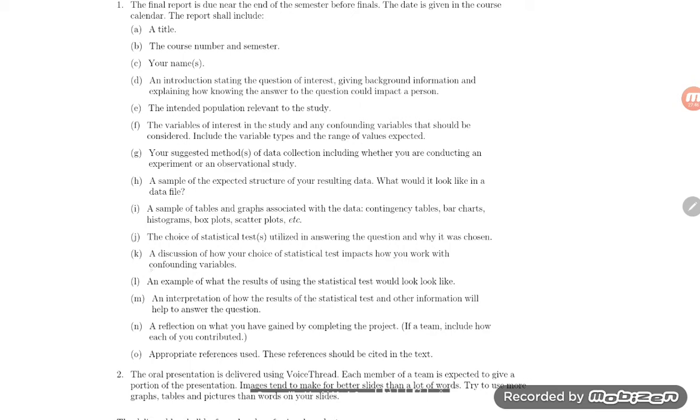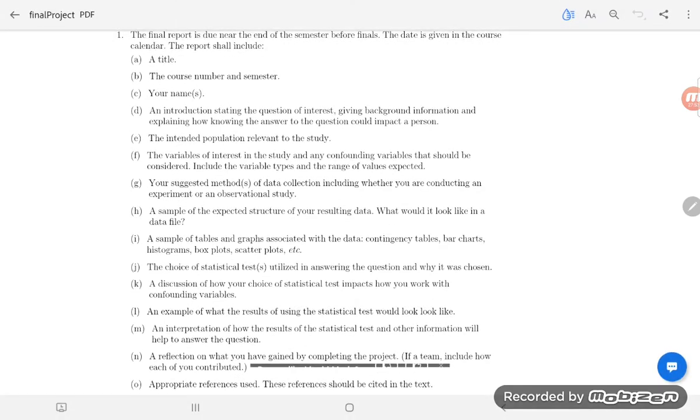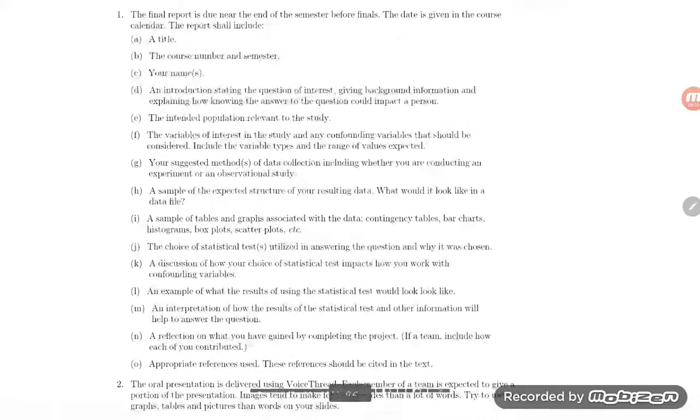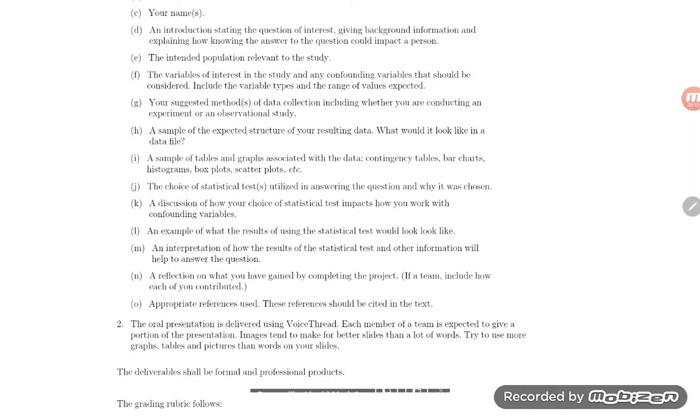If their response had been numerical, they could have gone with ANOVAs or regression, but we just don't know how to handle a categorical response. We just don't really know how to handle it other than with chi-square. Okay. Now, K, a discussion of how your choice of statistical tests impacts your work with confounding variables. Okay.